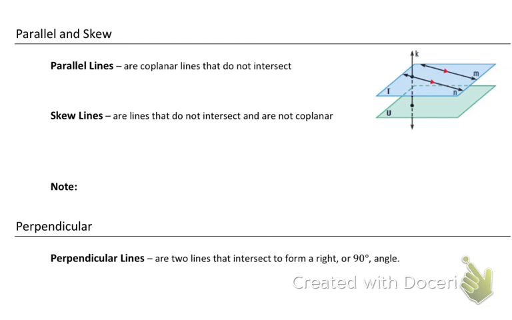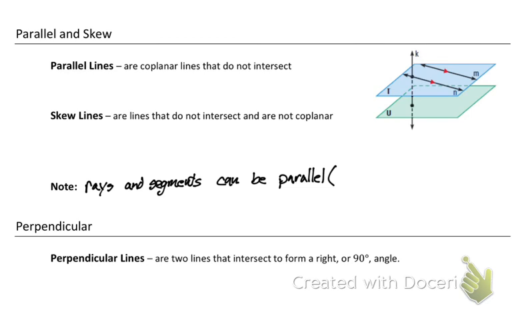I do want to note something about segments, rays, and the like. I put rays and segments can be parallel, but they'll only be parallel if the lines are also parallel.